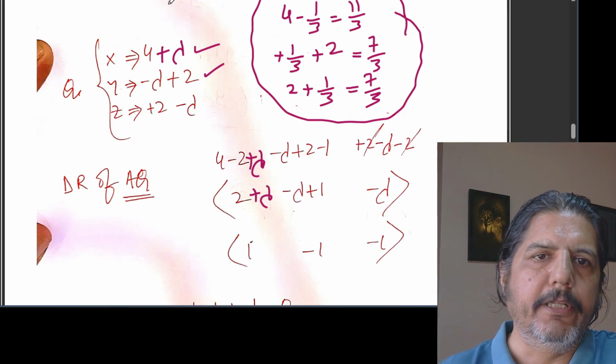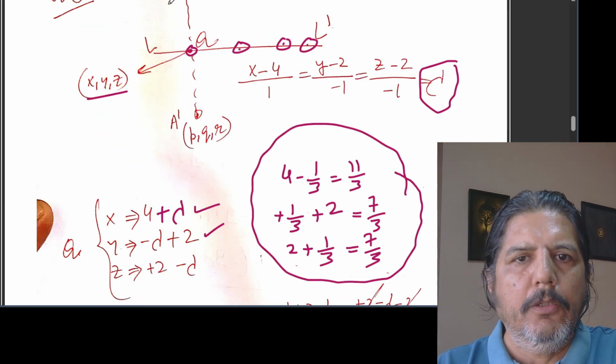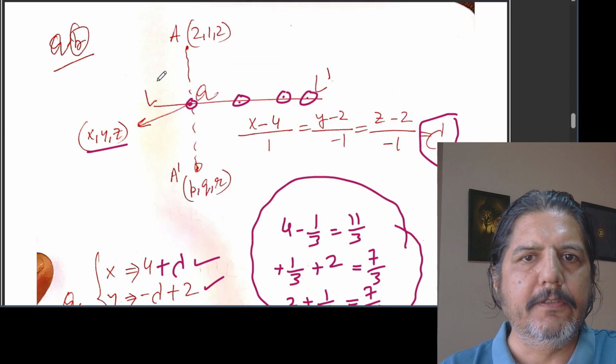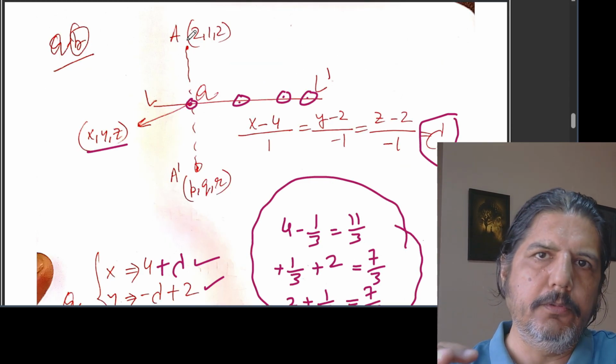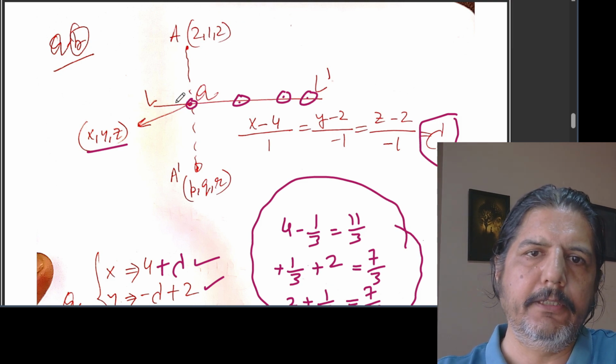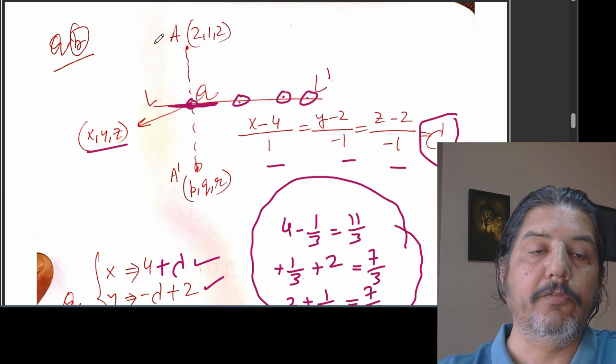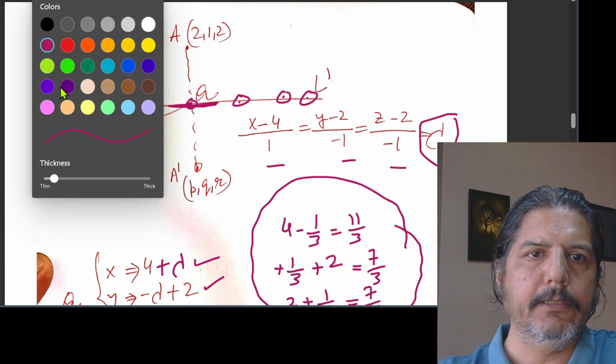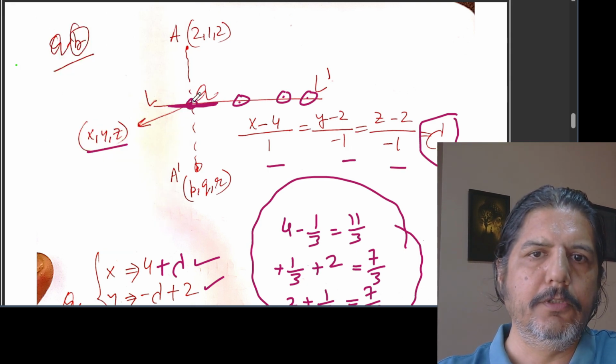So this point (x, y, z) is a random point. Looking forward, I have the direction ratios of this line, which are 1, minus 1 and minus 1. And using the random point, I'll find the direction ratios of this line.